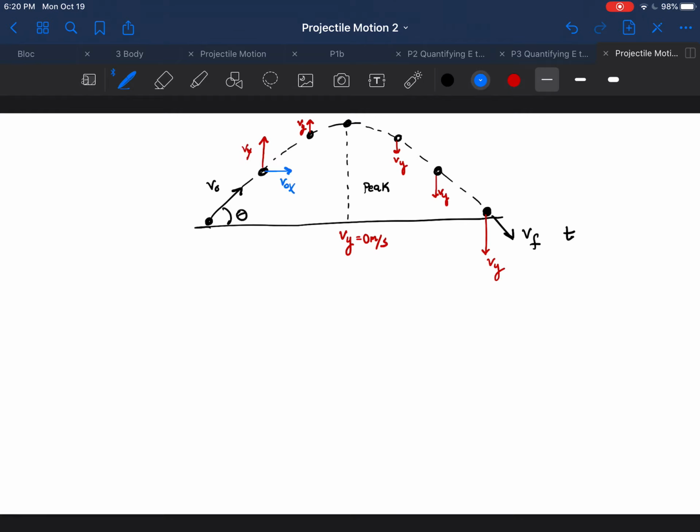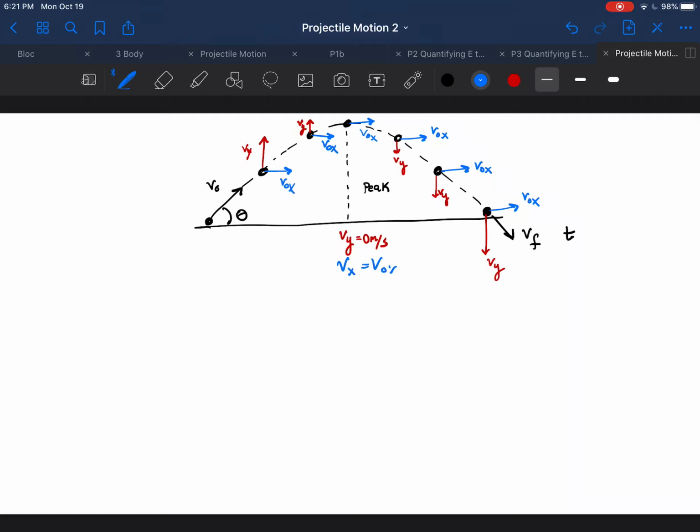As soon as it becomes a projectile, there's no force going left or right. So that means its x velocity is actually constant the entire time. So it's got the same x velocity no matter what, which is exactly equal to its starting x velocity.